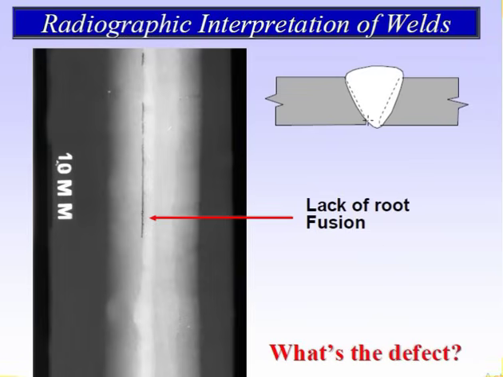This is the face portion. It is not fused. On the right-hand side, it is fused properly and holding is okay. But on the left-hand side, the fusion has not been done. So you can see the straight black mark here. This is lack of root fusion.